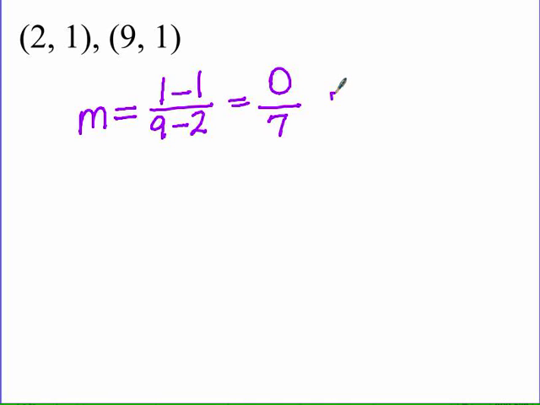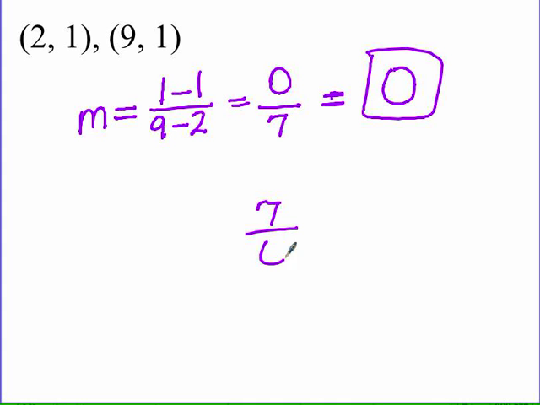So my slope is? It has no slope. 0 divided by any number is 0. So straight line? 7 divided by 0 is undefined. You need to file that away to memory.